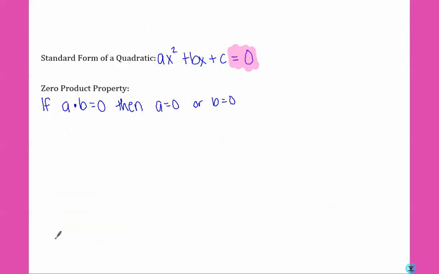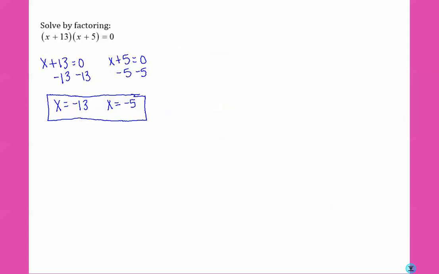So now I'm going to kind of combine everything we've done with factoring. So the first thing, looking back to what we said at the beginning, it has to equal 0 to start. This does not equal 0. So what I'm going to do to make it 0 is I'm going to subtract everything that's on this side.